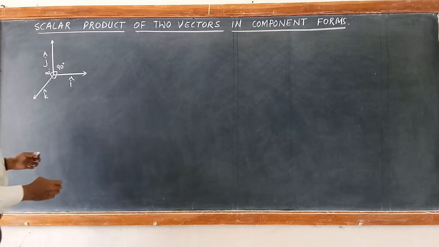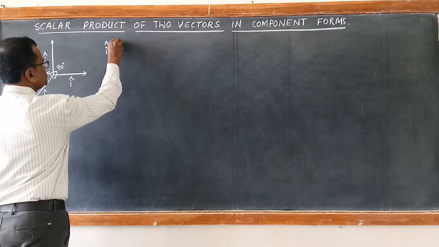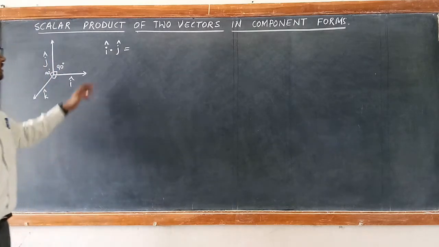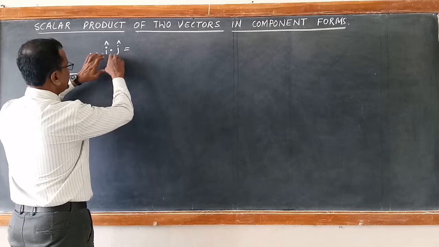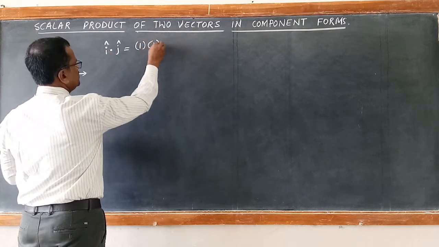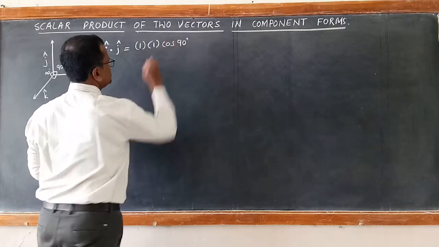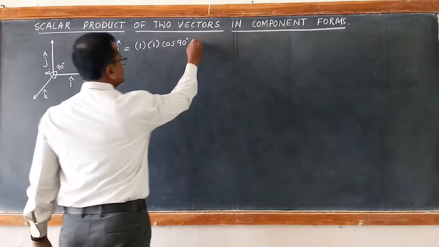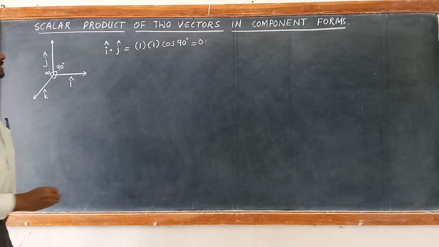So if you carry out the dot product of unit vectors i and j, i dot j, by definition, magnitude of i is 1, magnitude of j is also 1, into cos 90, the angle between them. What is cos 90? Cos 90 becomes 0. So therefore i dot j is equal to 0.